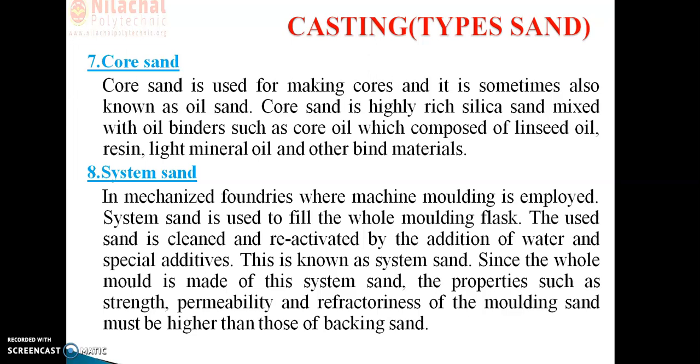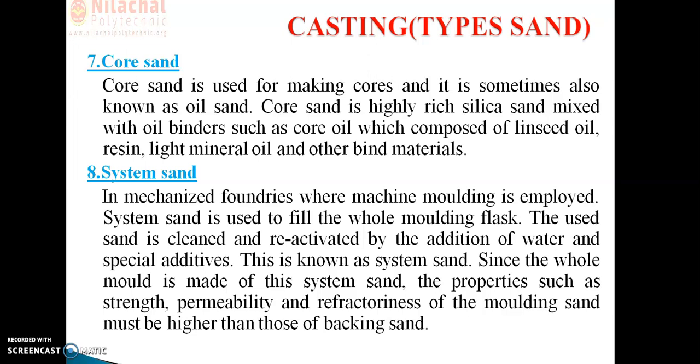It possesses properties like green strength, high dry strength, and high refractoriness. Basically, we use this core sand for preparation of cores, which we use to make holes in a casting.